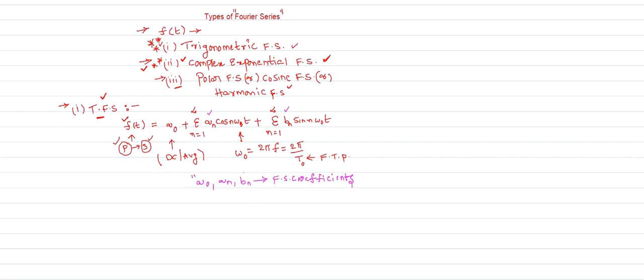A0, An and Bn are called Fourier series coefficients. Here An is the coefficient of your cosine function, Bn is the coefficient of your sine function.